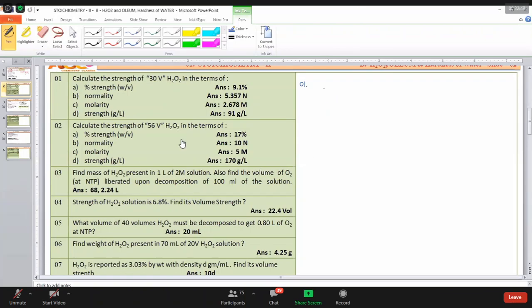Whenever you have such type of problem, it is very easy if you go to molarity, right? So I'll go like this. Sir, we have the formula. Volume strength is equal to molarity into 11.2. Now, what is volume strength? 30. Therefore, molarity is 30 by 11.2.